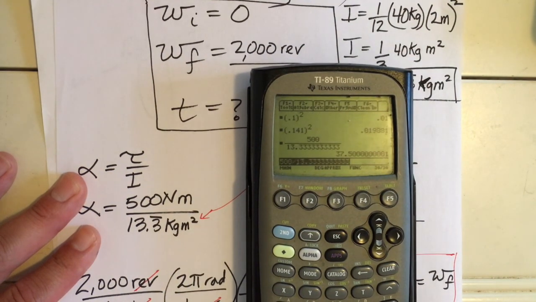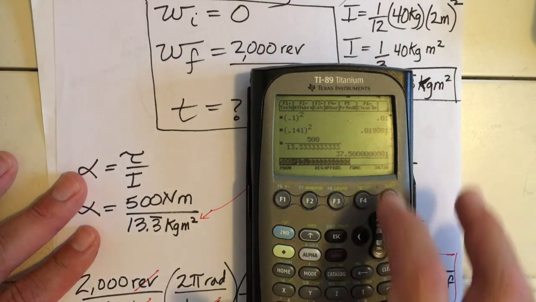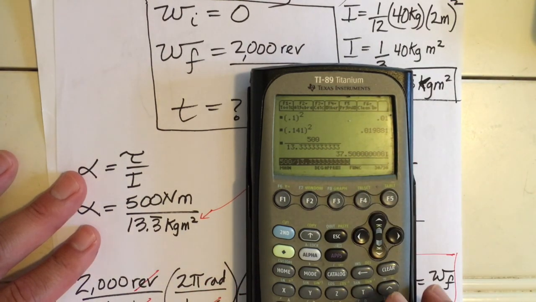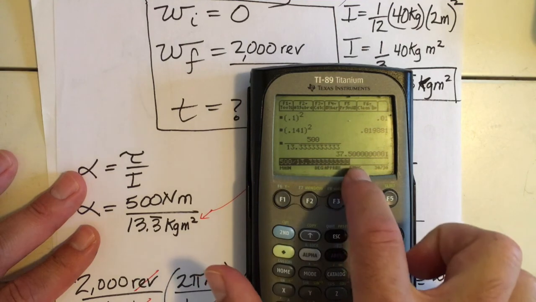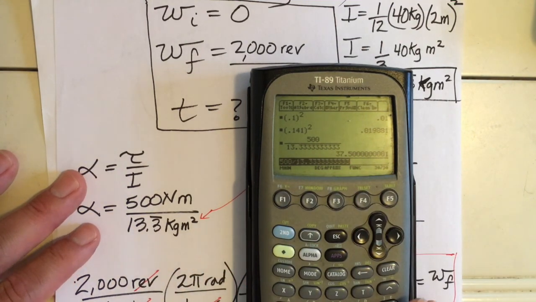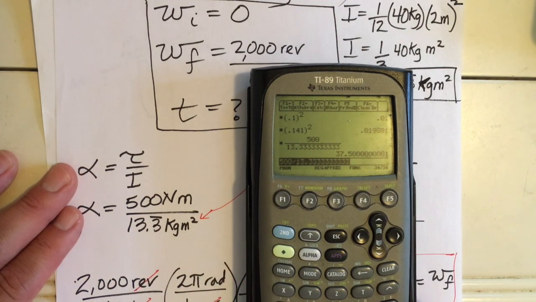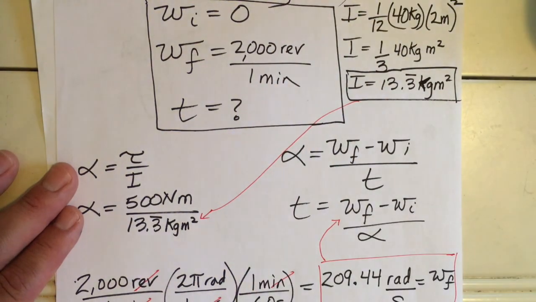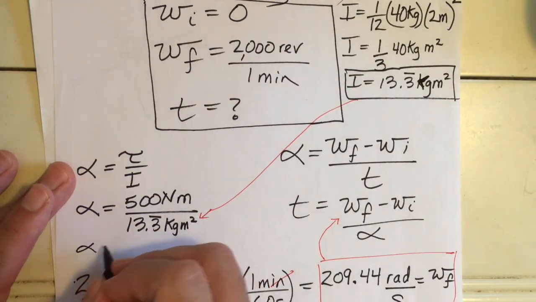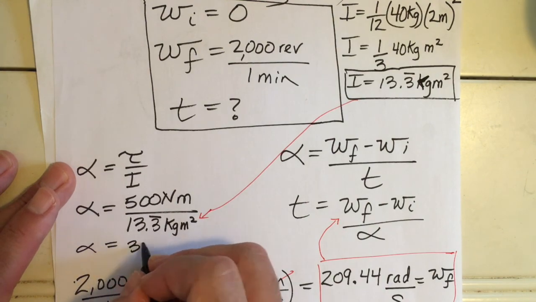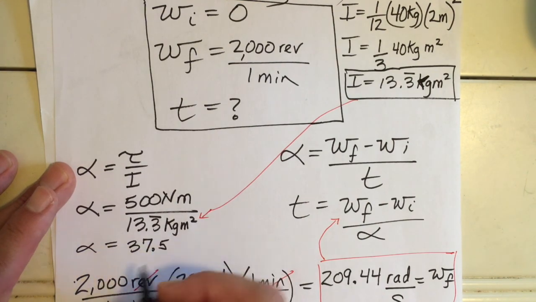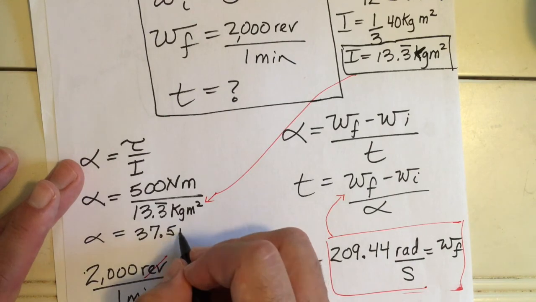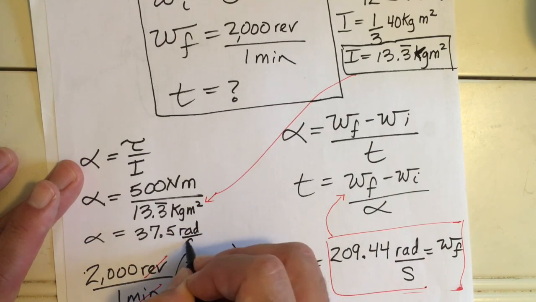All right. 37.5, almost exactly, right? I bet if I had 3 repeating, it would be exactly. So, all right, 37.5. Units for angular acceleration, radians per second squared.